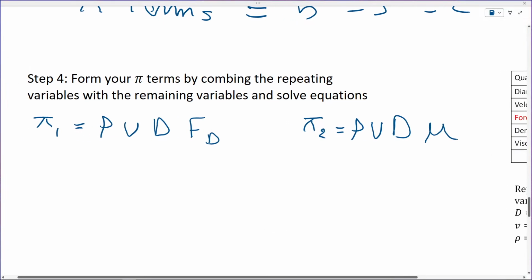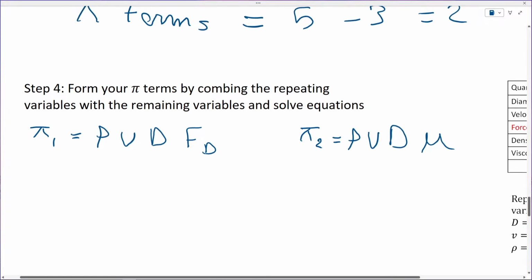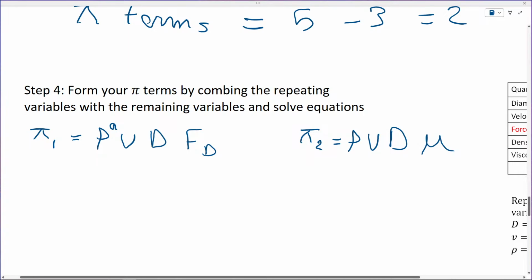square this, or take the square root of this, or take the cube of this, or whatever, so that all this term will become dimensionless. Basically, that's the whole idea. So I will just put here a power of a, a power of b, a power of c, and the same here.